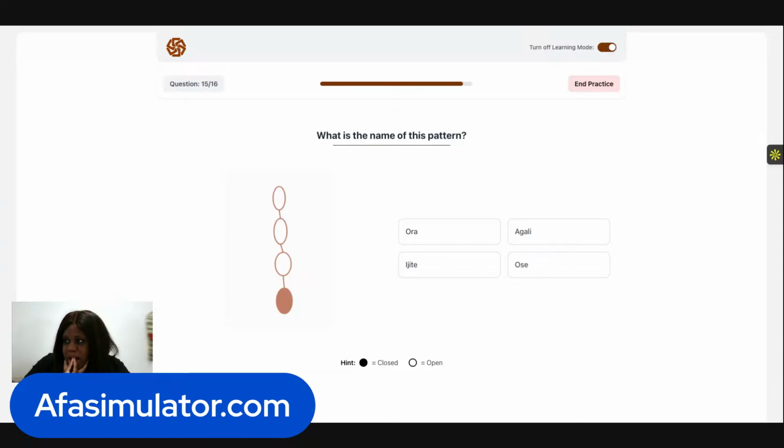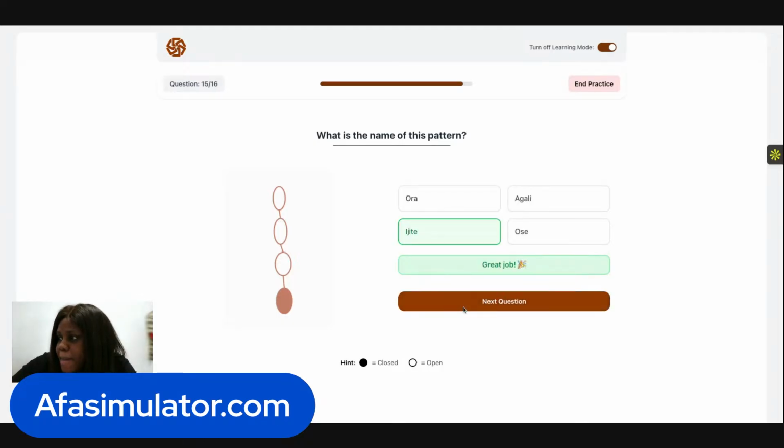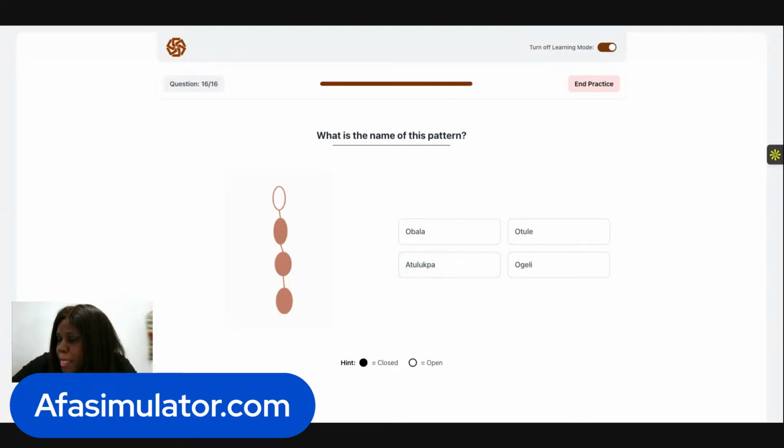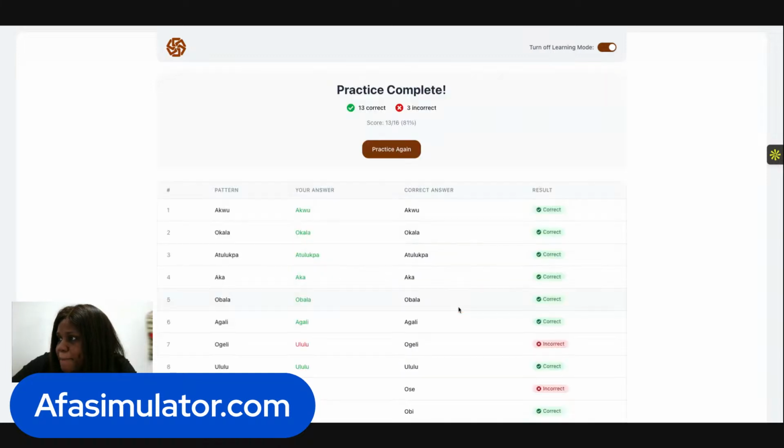I don't know. This is Ijite, I think. Yeah, and this is Abala for sure. Yep. Oh, I got more right this time.